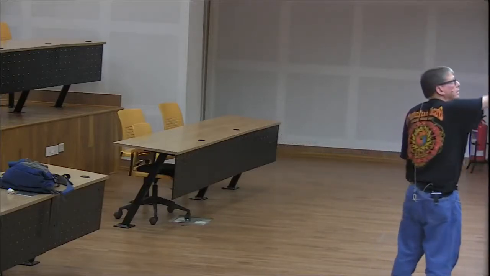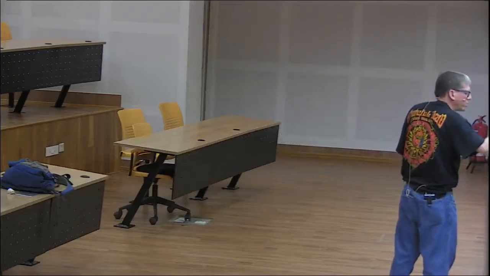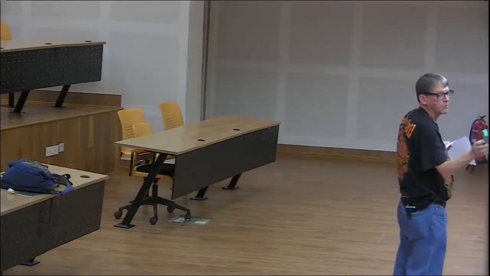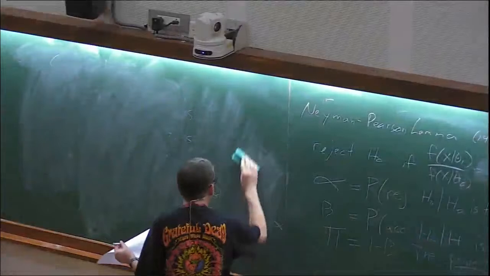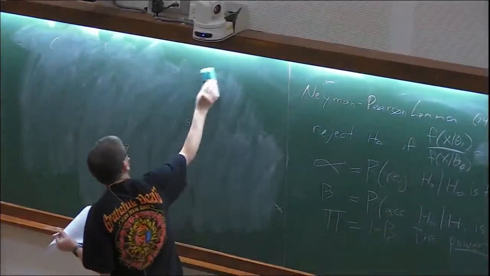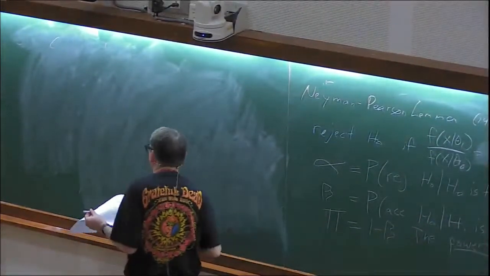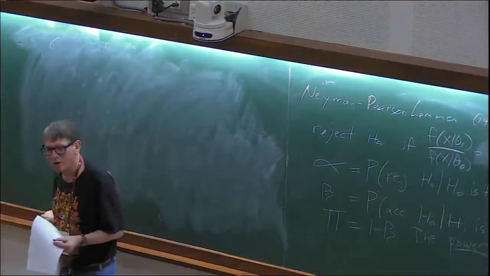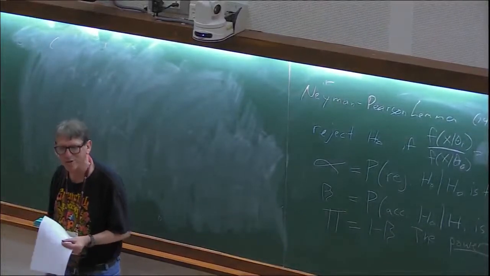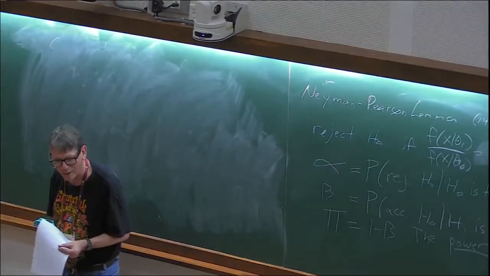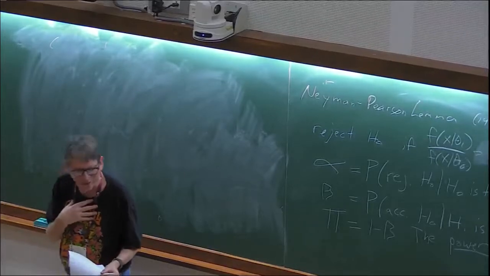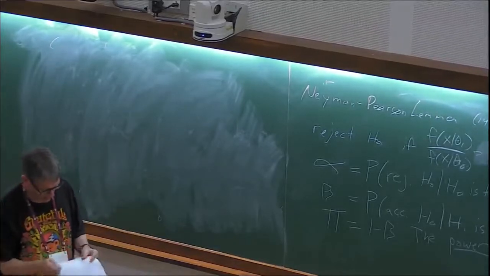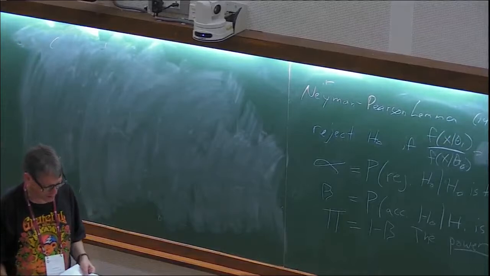In case any of this is totally new to you, I'm going to skip over this board as I need more space, so that you have a place to look in case you forget what alpha and beta are. I had problems forgetting them when I learned statistics.